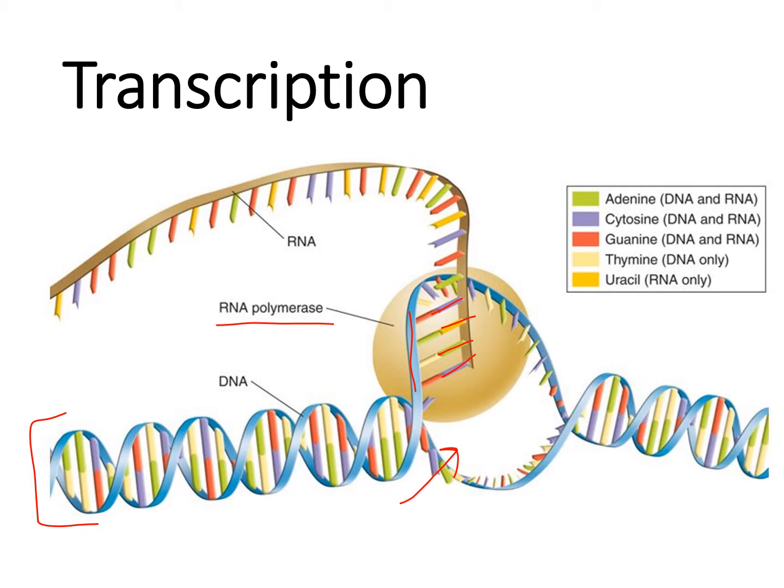And again, uracil is found in RNA only, so wherever there is an adenine, adenine is the green, wherever there is an adenine, it will be a uracil that will be paired with the adenine. So the RNA molecule will end up being single-stranded and will contain uracil wherever there would have been a thymine.